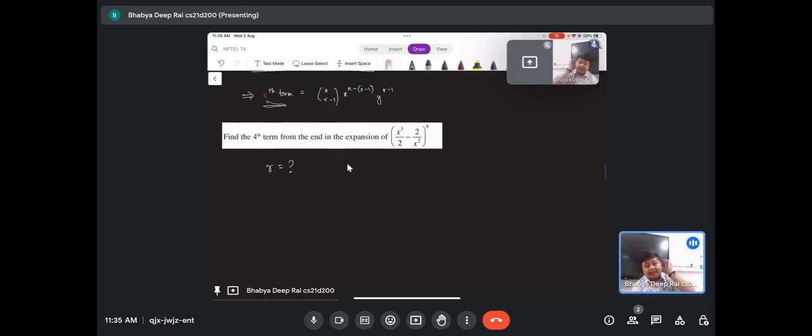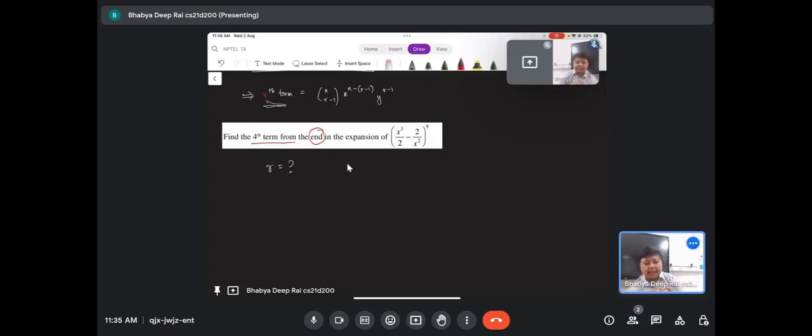Well, if you are not very careful, then you would say, oh, r is equal to 4, but that is wrong. What is the question asking? The question is not asking for the fourth term. The question is asking for the fourth term from the end in the expansion.